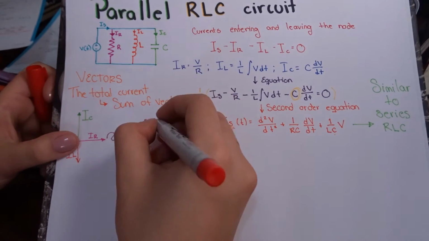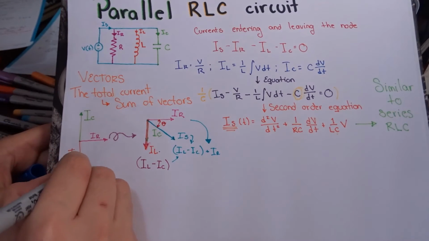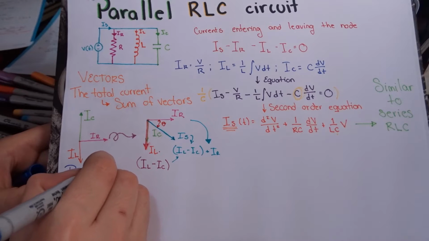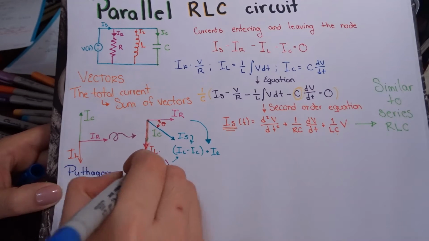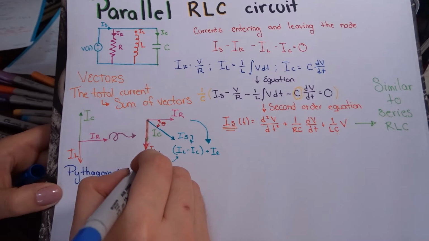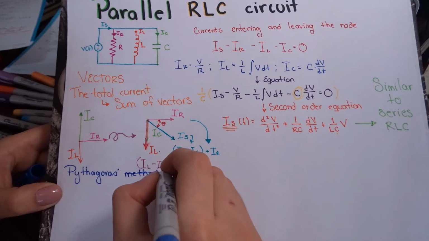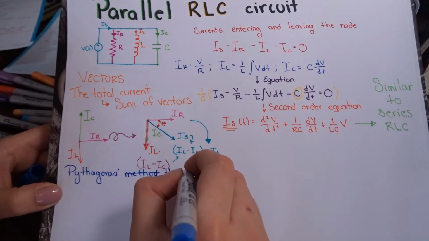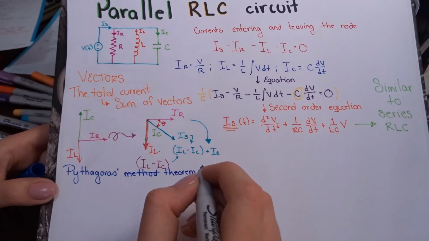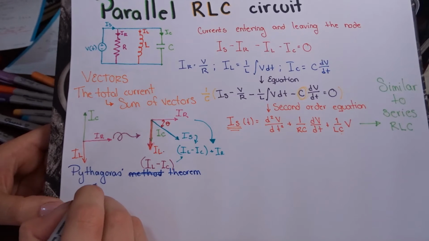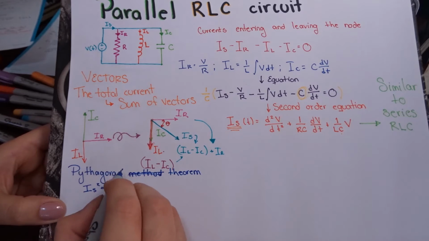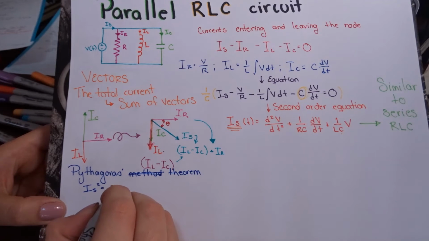I am drawing in here the graphic representation of the vectors. As we can see, IL and IC can be summed up in order to simplify the calculations of the total system current vector. We can solve the vector calculations with the Pythagorean theorem.